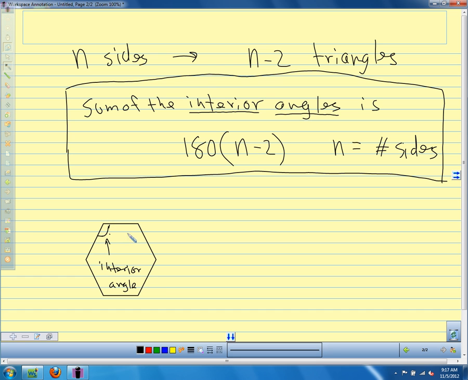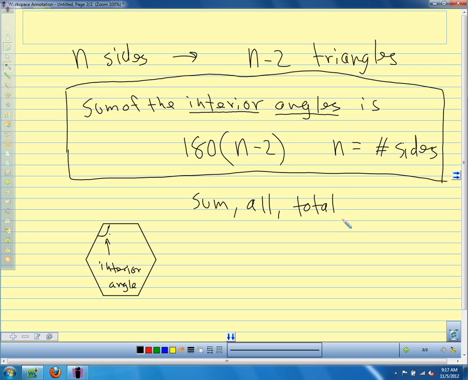So if I add up all these interior angles, I get 180 times n minus 2, where n is the number of sides. Your keywords when you're looking at a problem like this: sum. Sum means add all together. All.